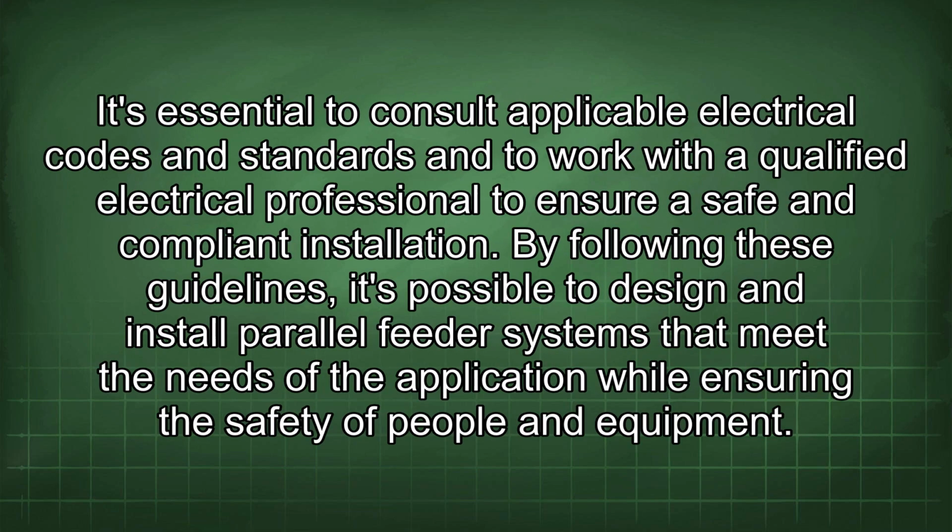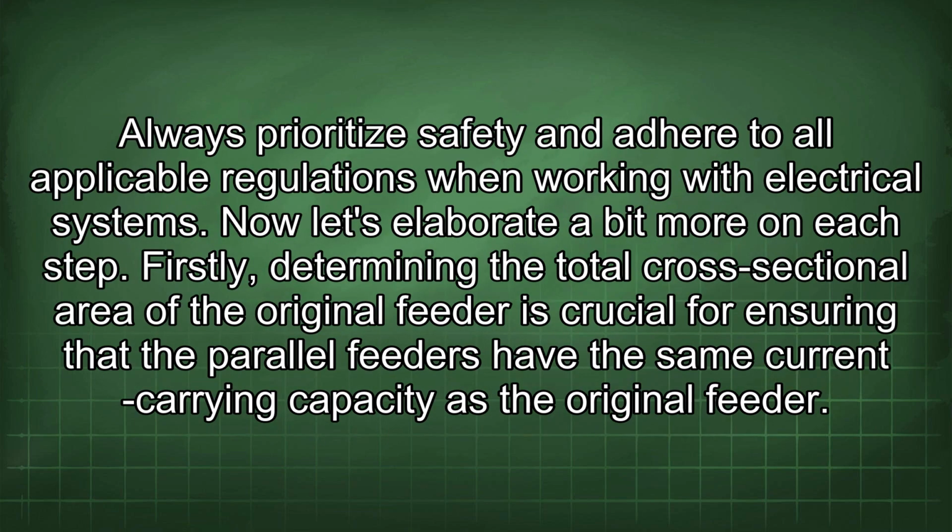It's essential to consult applicable electrical codes and standards and to work with a qualified electrical professional to ensure a safe and compliant installation. By following these guidelines, it's possible to design and install parallel feeder systems that meet the needs of the application while ensuring the safety of people and equipment. Always prioritize safety and adhere to all applicable regulations when working with electrical systems.